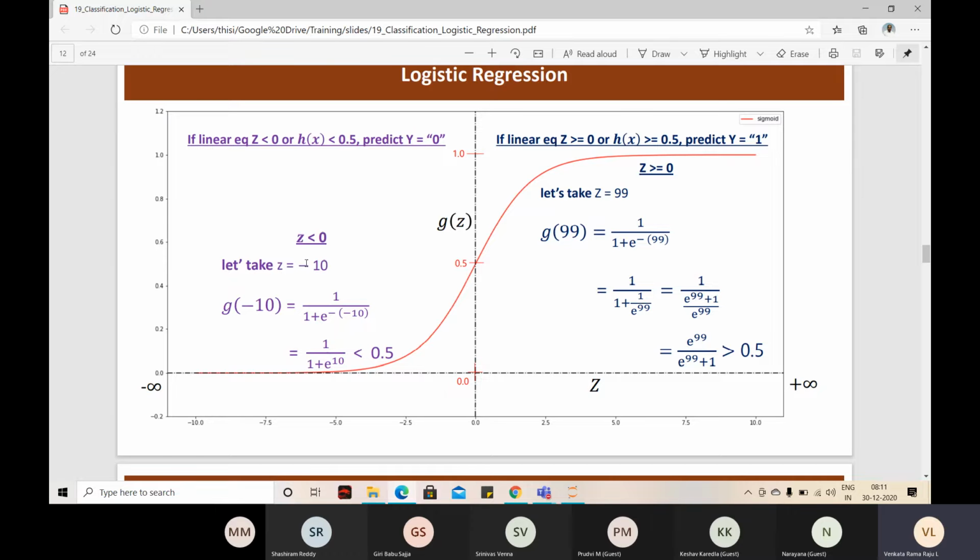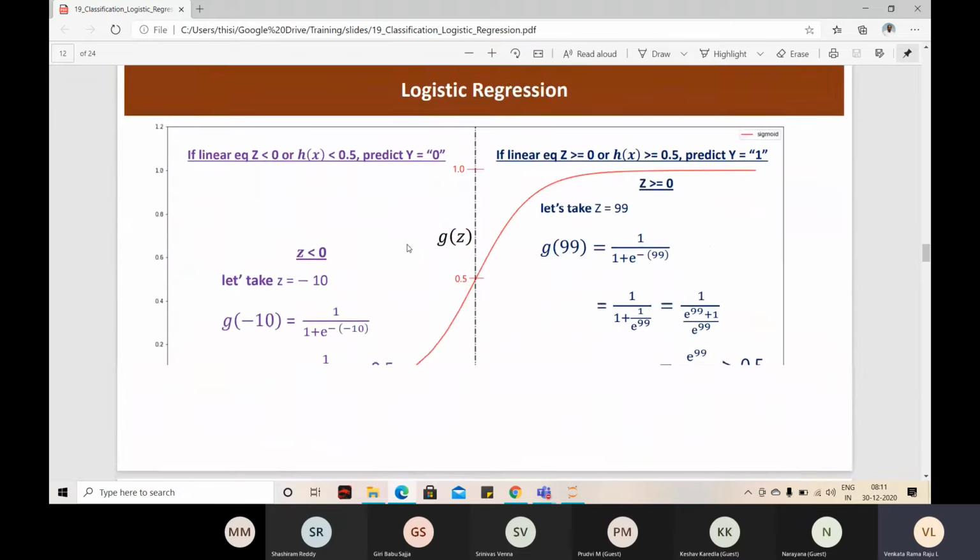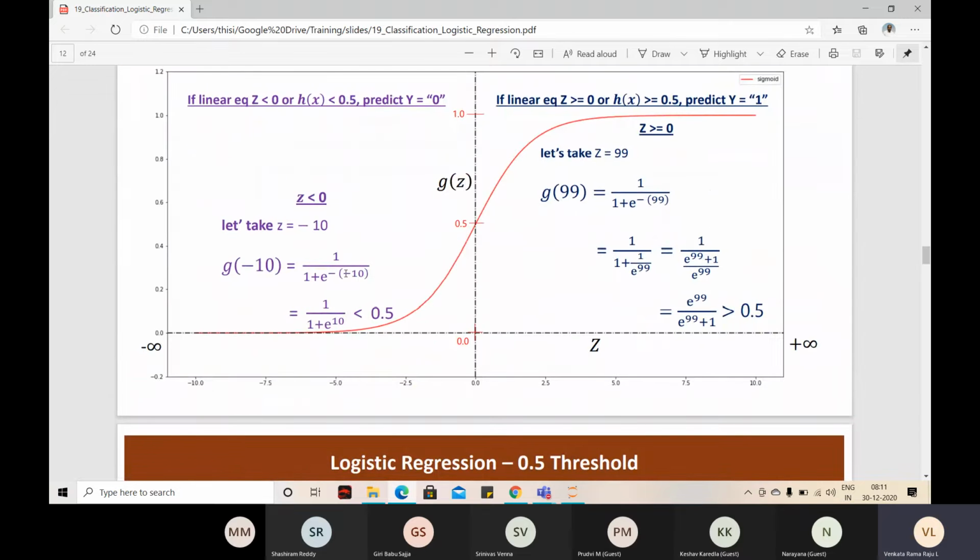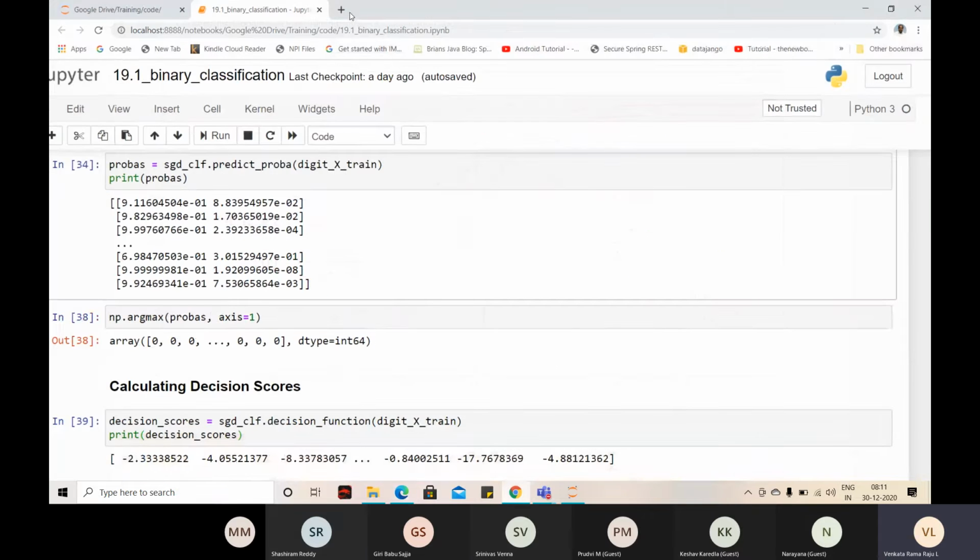When I substituted minus 10 into this logistic function, 1 by 1 plus e power minus of minus 10, we got 1 by 1 plus e power 10. E is 2.718, the value of e.